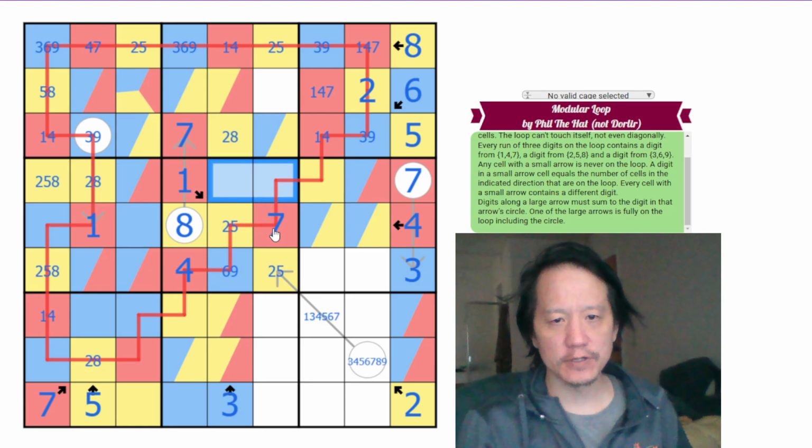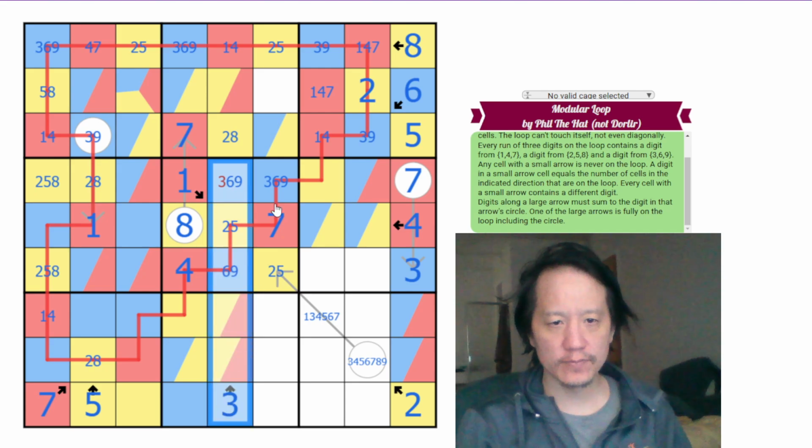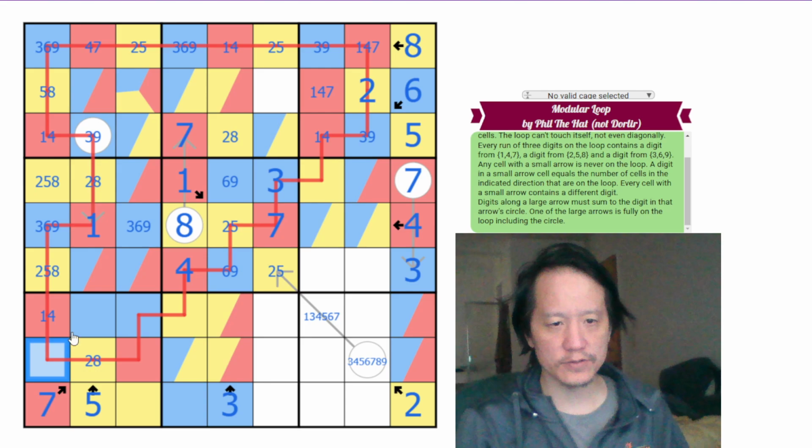This is 3, 6, or 9. Oh, and that can't be 3. So we have a 6, 9 pair. That's a 3, which means one of these is 3, but we don't know which. So 3, 6, 9. This is also 3, 6, 9 here.